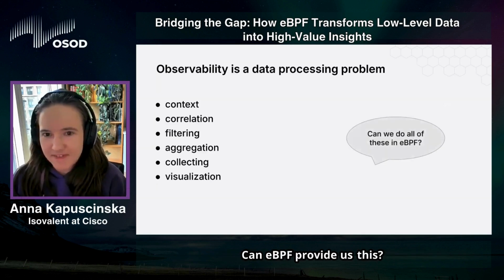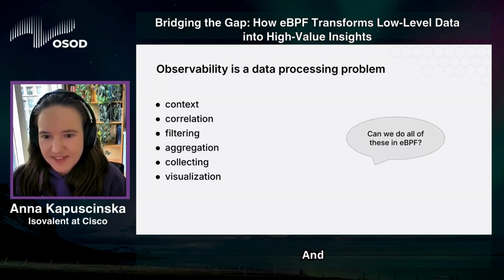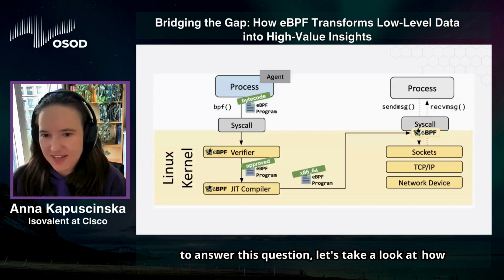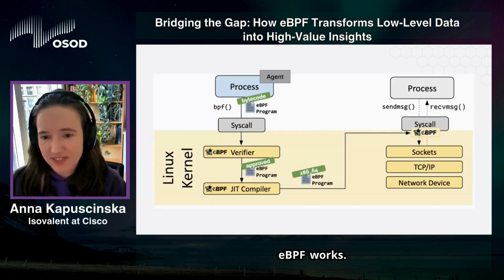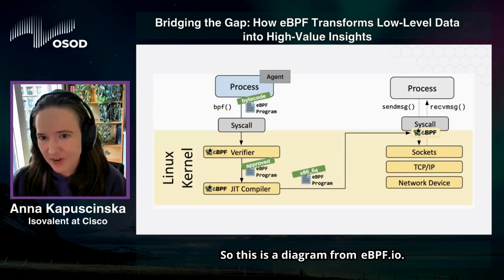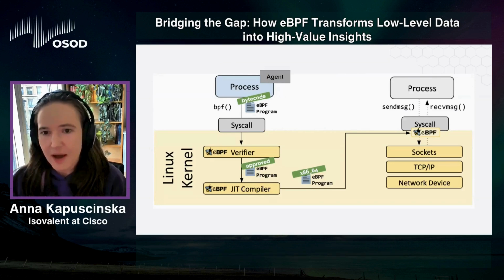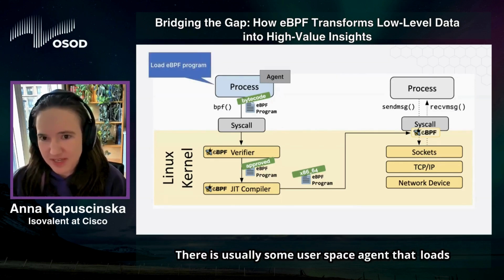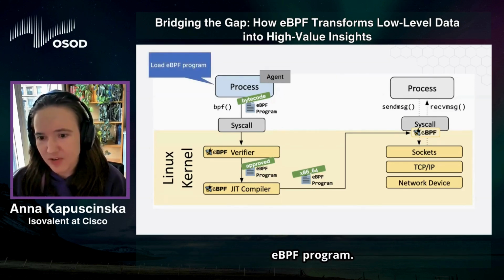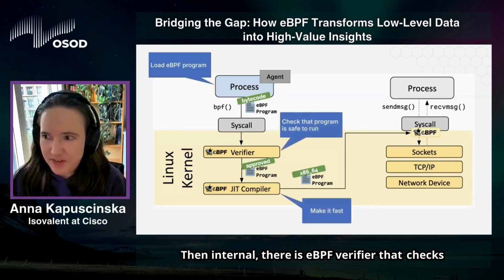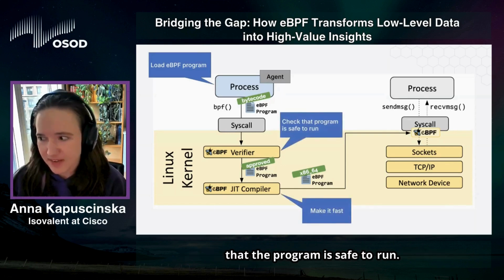Can eBPF provide us this? To answer this question, let's take a look at how eBPF works. This is a diagram from eBPF.io. There is usually some user space agent that loads an eBPF program. Then in the kernel, there is the eBPF verifier that checks that the program is safe to run.